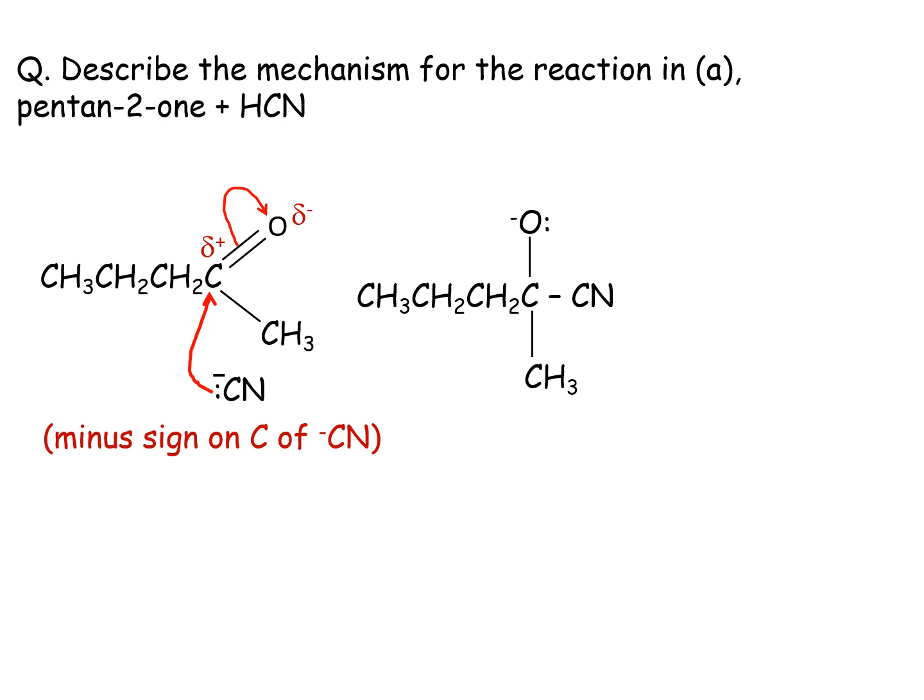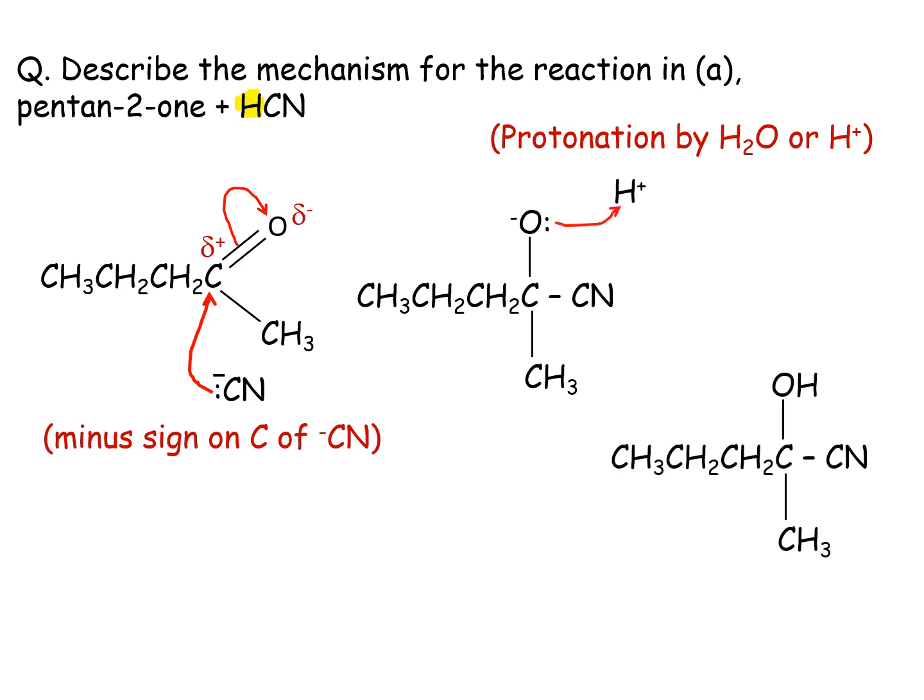Now, at this stage, for this reaction, you could argue that that hydrogen, instead of getting it from water, you could get it from a H+. Because think about it, when the cyanide ion was released, you've got a H+ there. And then it would join up in the same way. So you'd still get the hydroxynitrile, but you just wouldn't need to draw the hydroxide ion as well.